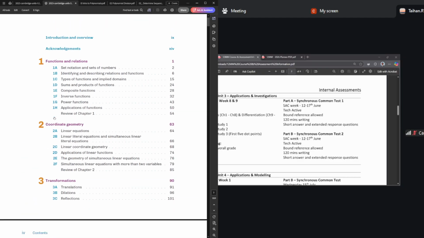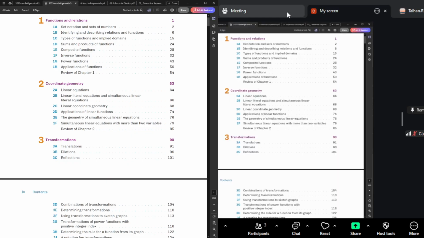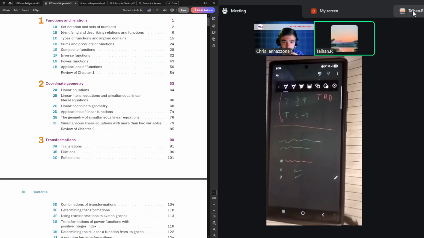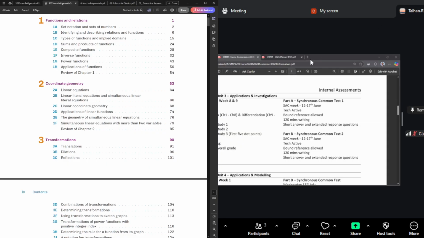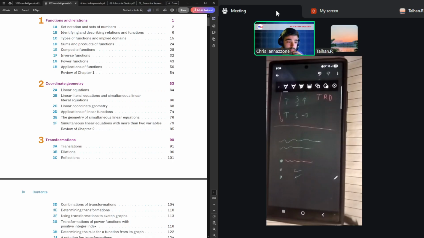I just wanted to ask you, how closely should I follow the study design when I'm going through the textbook? The study design, as in the literal VCAA study design? Yeah. I wouldn't even open it. I'm doing a lot of humanities subjects this year, and they told me to religiously follow the study design, but I don't know about Methods.